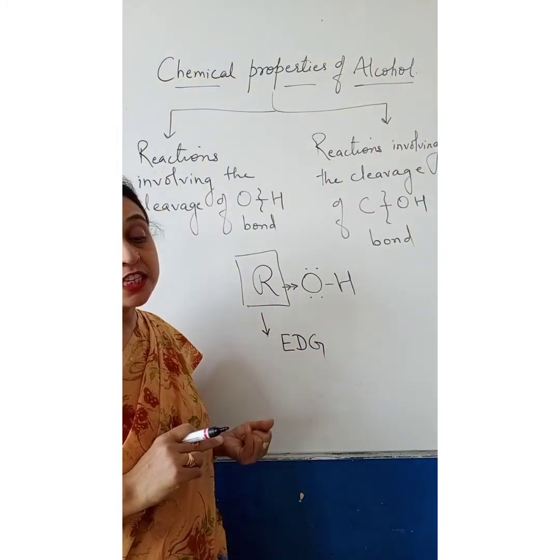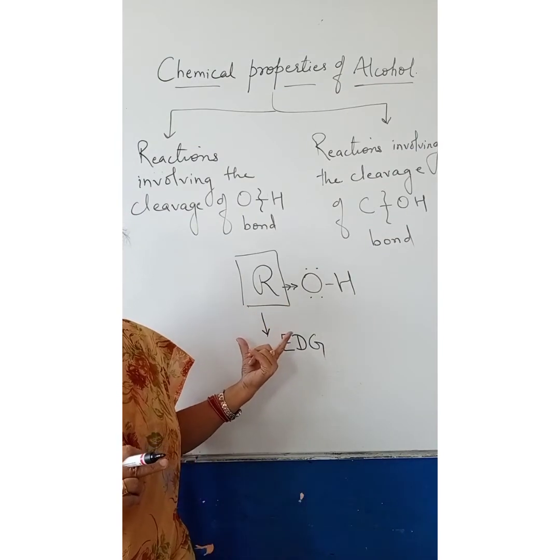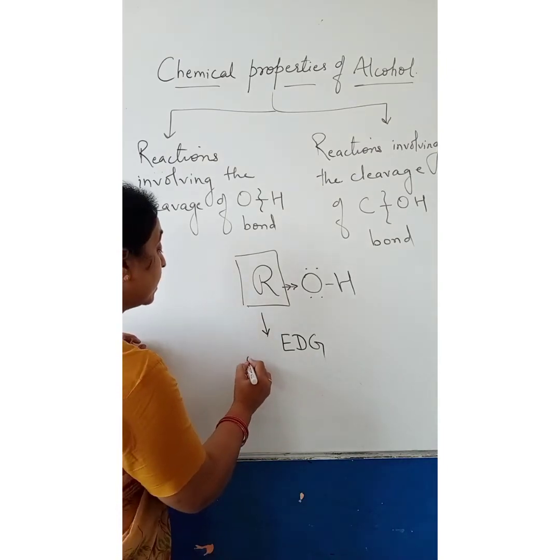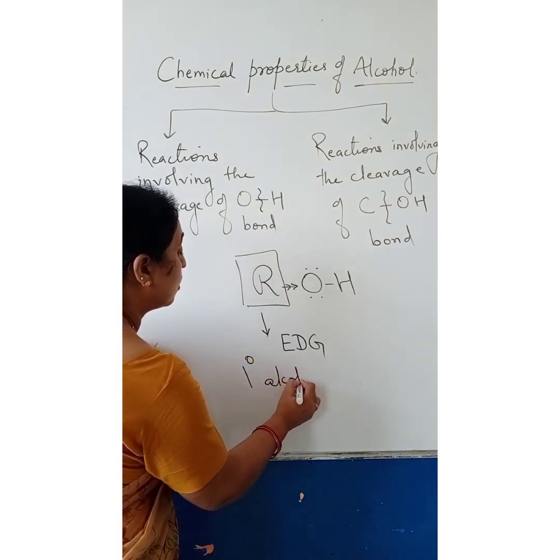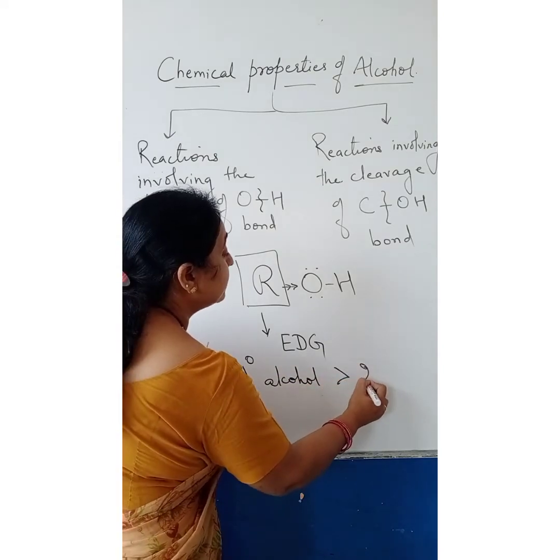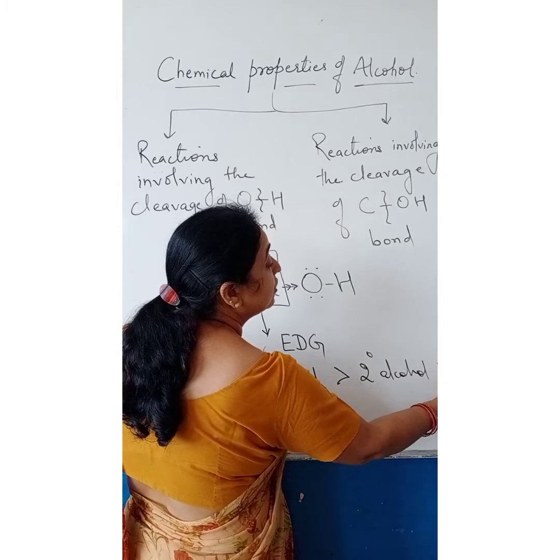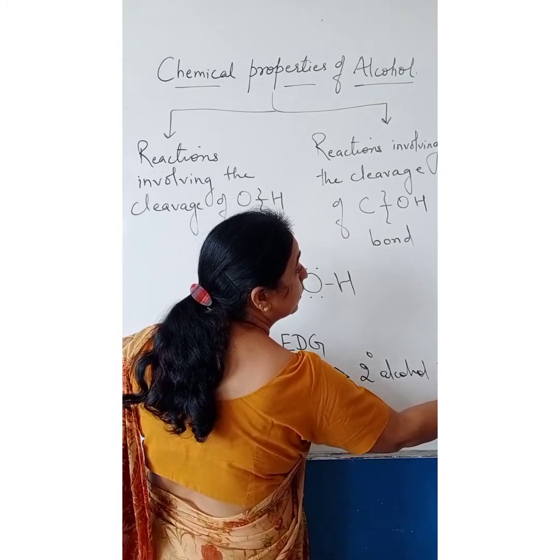So the acid character of alcohol decreases in the order 1 degree alcohol greater than 2 degree alcohol greater than 3 degree alcohol.